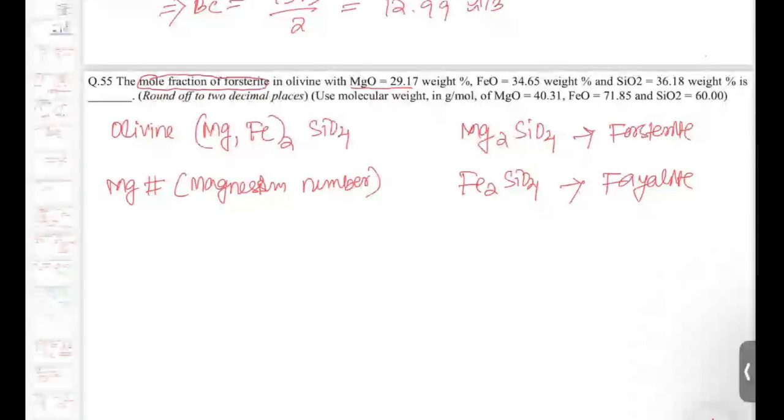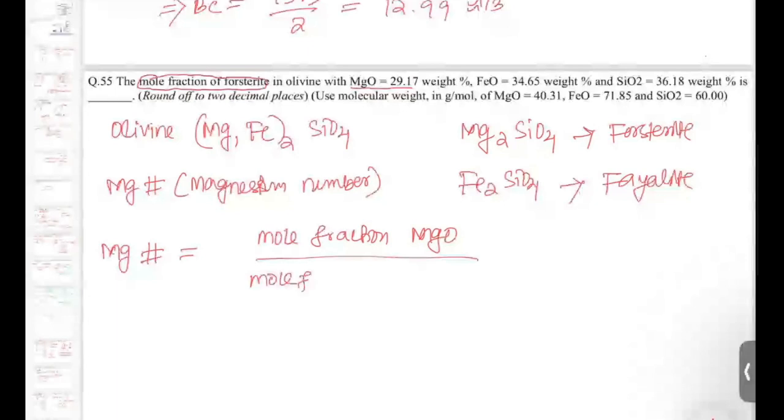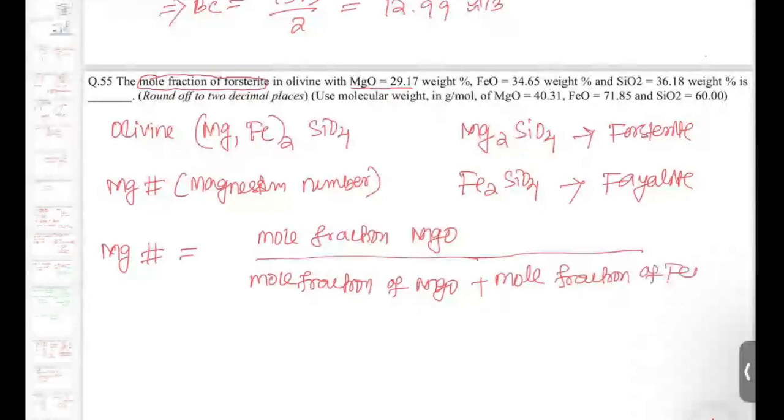So the first thing you need to know is what is magnesium number. It should be the mole fraction of MgO divided by the mole fraction of MgO plus the mole fraction of FeO. There are two end members, MgO and FeO. So what is the formula of mole fraction?